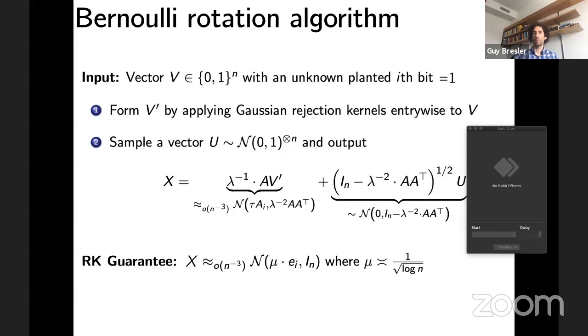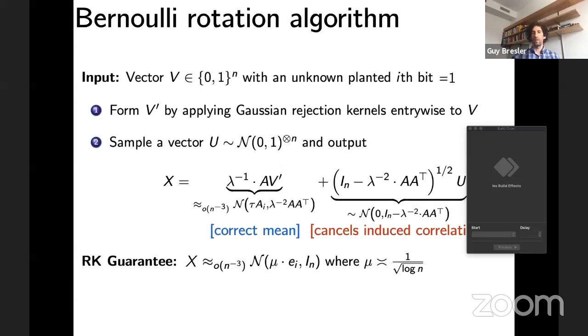And then the second term here is introduced in order to cancel the induced correlations that are created via the linear transformation A. And so eventually, once one carries out the analysis of what this mapping is doing and computes covariances and means, one concludes that X has the correct mean and covariance.